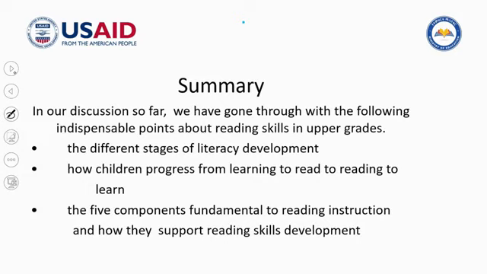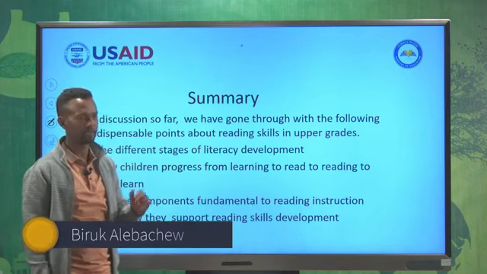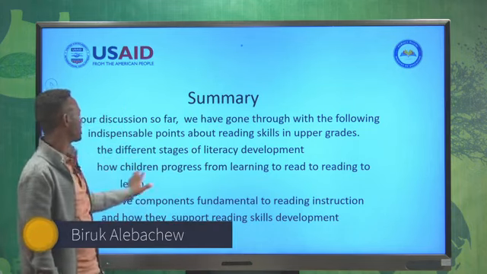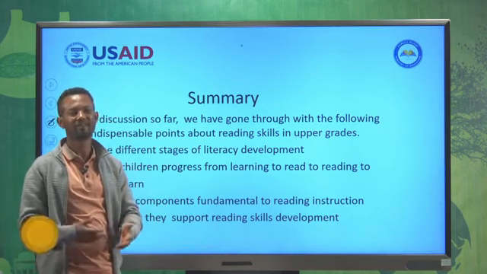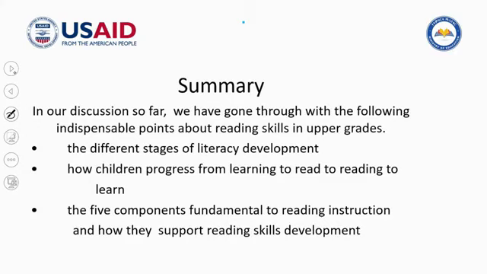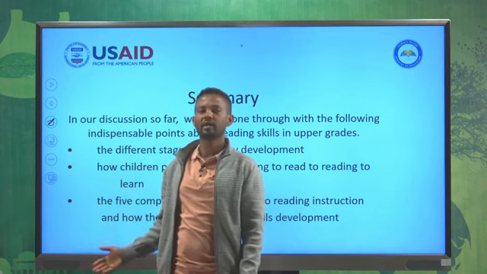The different stages of literacy development, we have seen it. How children progress from learning to read to reading to learn, we have discussed a lot in that regard. And we have seen also the 5 components of reading, which contribute a lot for the betterment of students' reading skill.